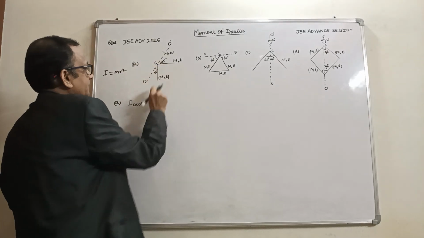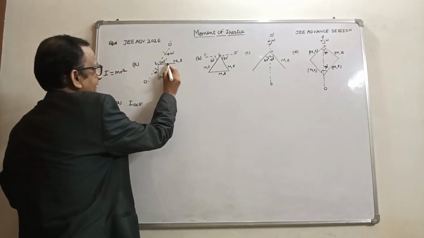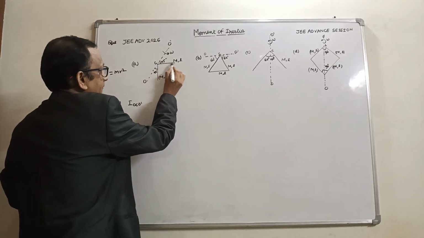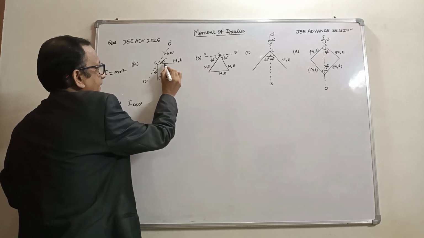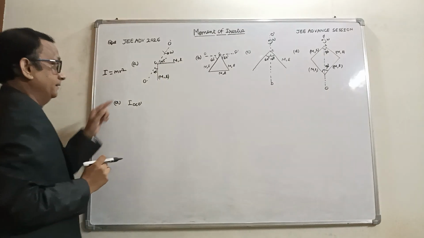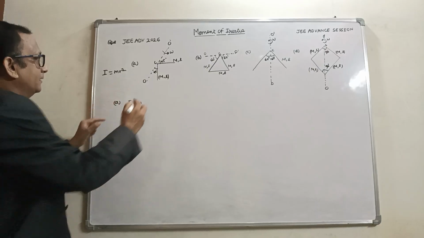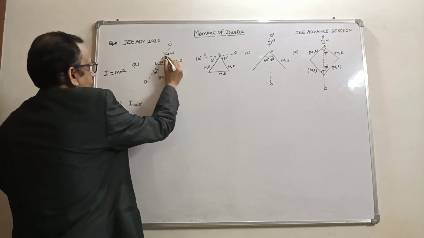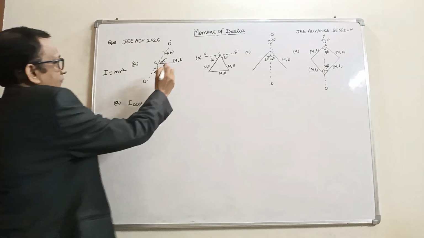In this scenario, this is the first case. In this case, the length of the rod is l, and we take the perpendicular distance. So this would be the perpendicular distance.